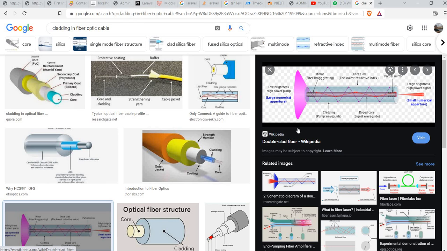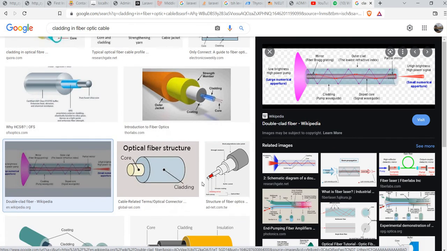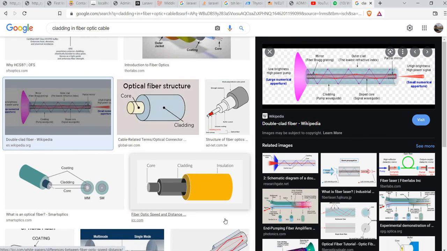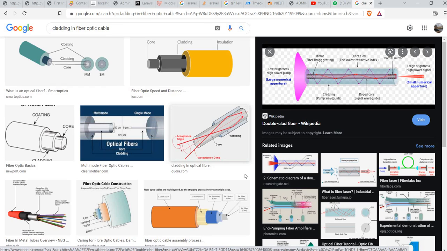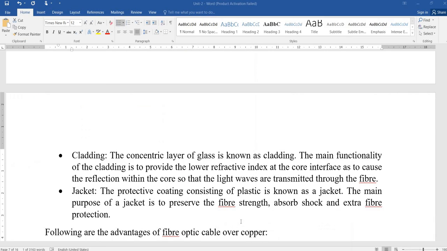So to remove those effects, we have the cladding. Cladding curbs the refractions. Okay, so here we have an inner core, then here it crosses the core in the cladding. Then this will reduce the refractive index.